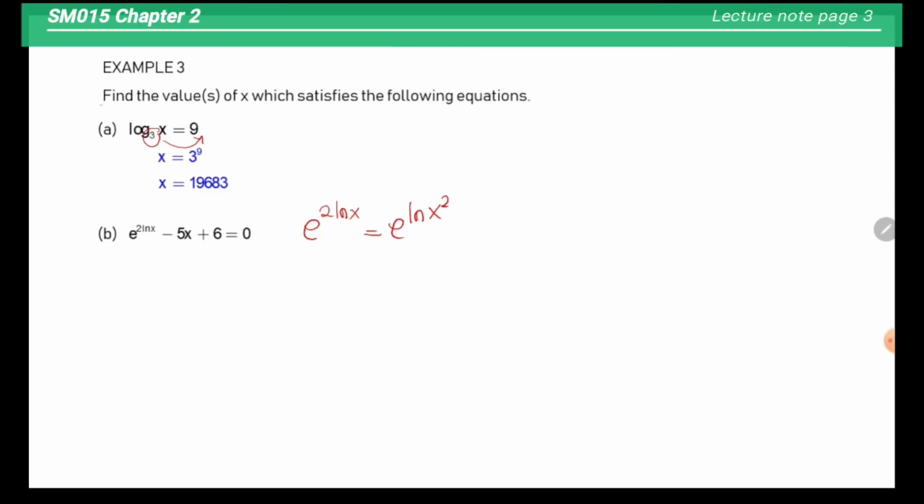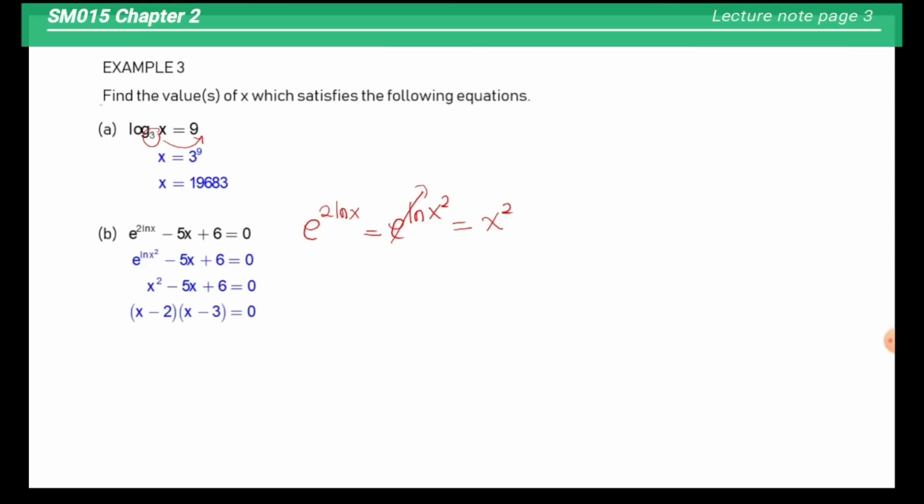The number in front of the log or ln, you may bring forward to be the power. And then for e to the power of ln, it will cancel out and leave only x squared. So the question will be x squared minus 5x plus 6 equal to 0.